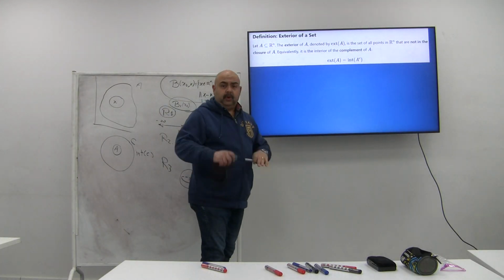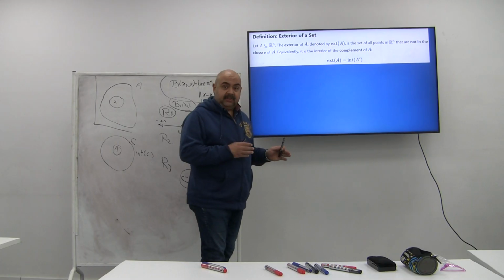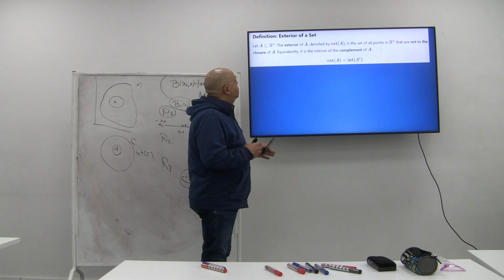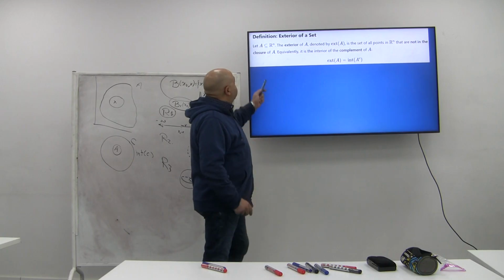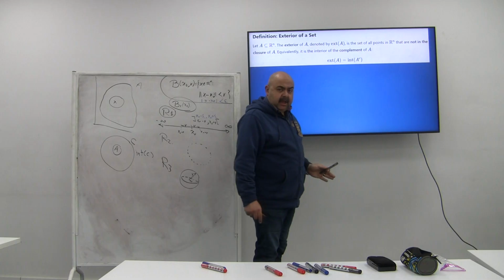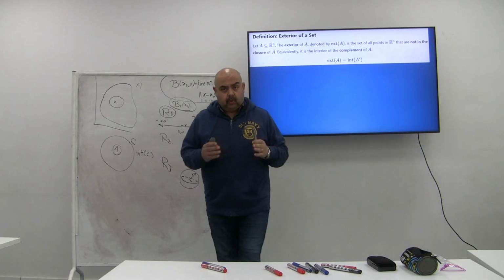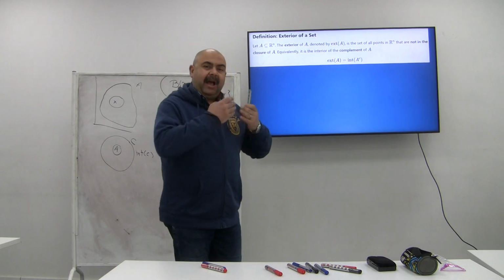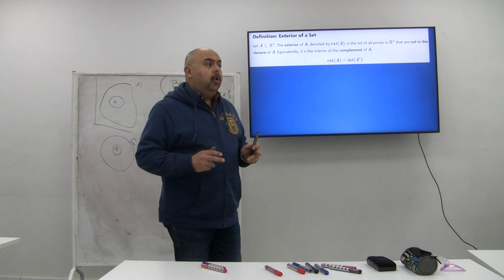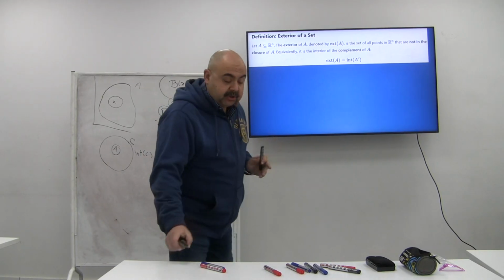The exterior will be exactly the vice versa of this, or the converse of this. So let A be a subset of Rn. The exterior of A, denoted by ext A, happens when you have your point or open ball completely outside the set A, or inside the complement of A. It can work both ways.